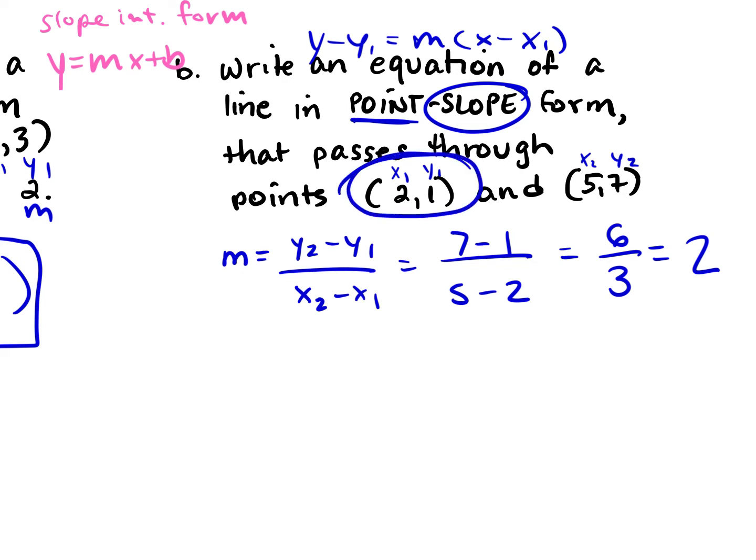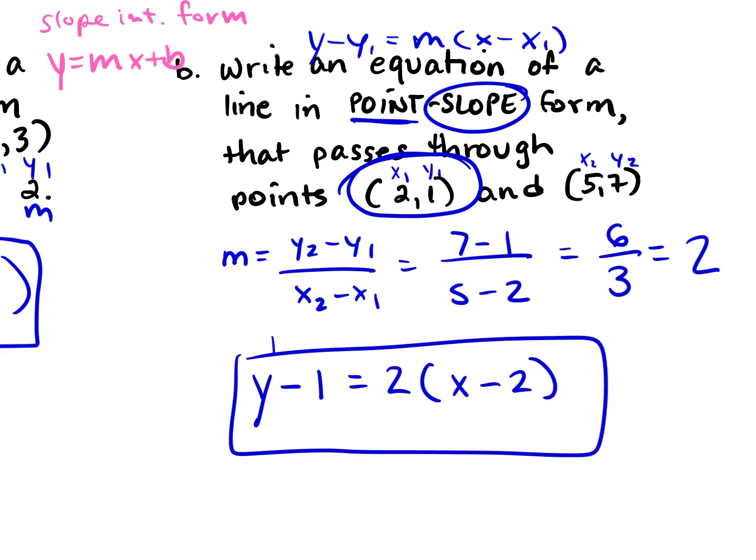So I'm going to pick one of them to plug into my equation. It doesn't matter which one. If you pick the other one, your equation will look a little bit different, but it'll be the same. So I have y minus y1, which is 1, is equal to 2 times x minus 2. And that is my point slope form.